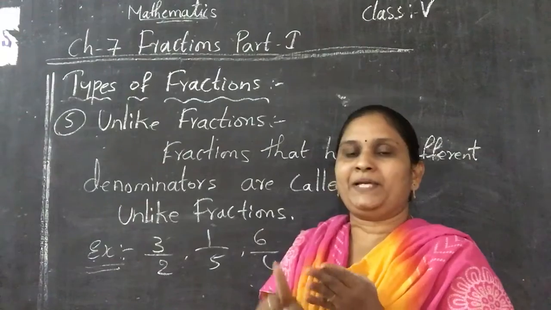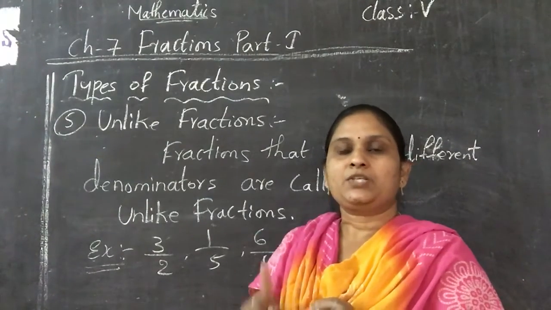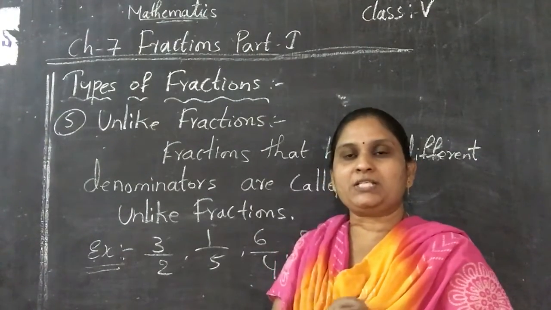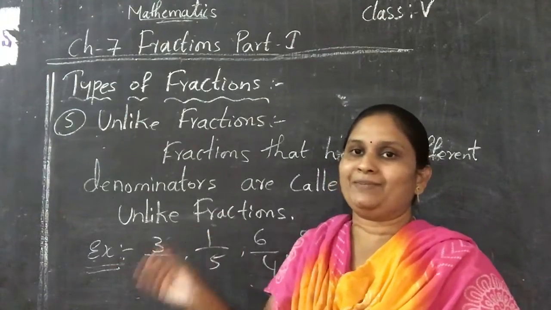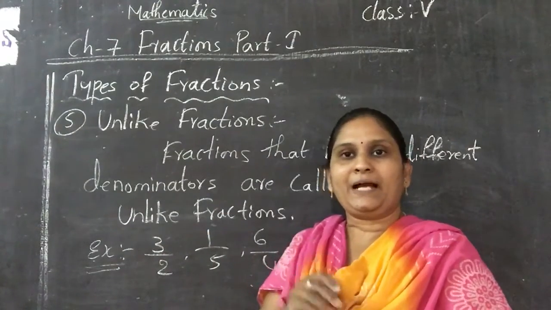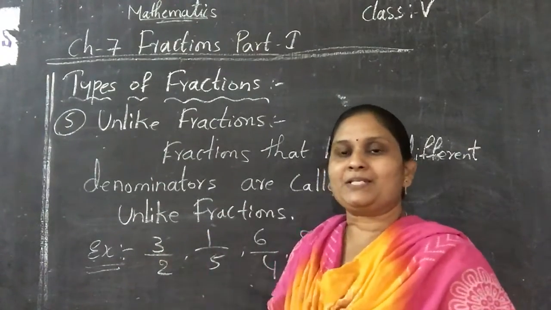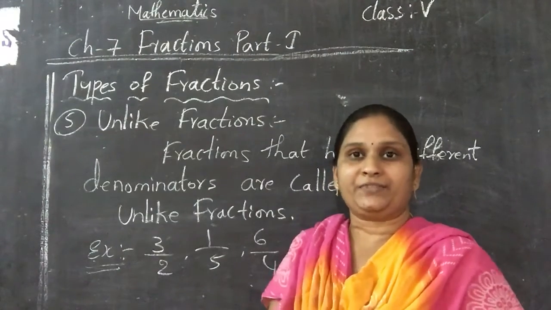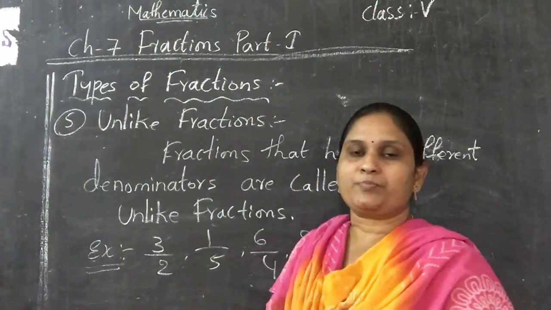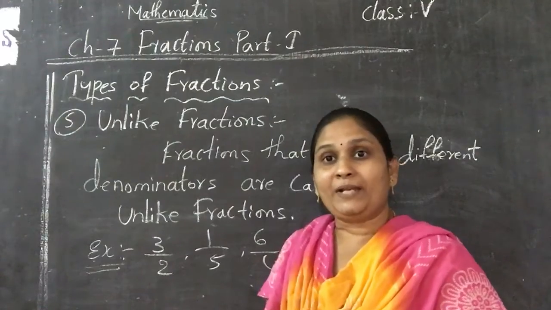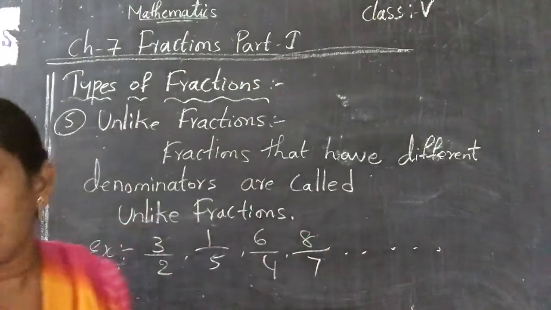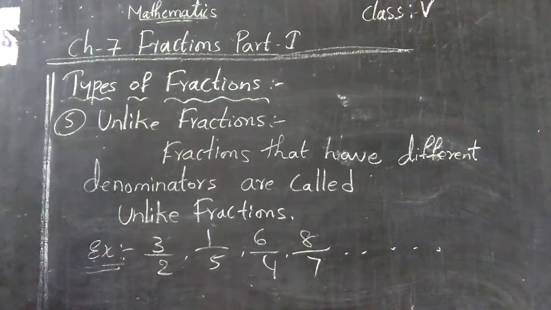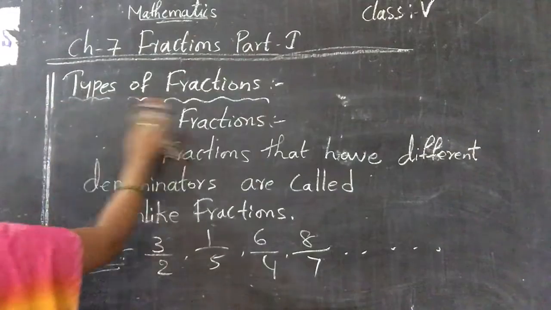The fourth type is like fractions, where all the denominators have the same value, and in unlike fractions the denominators are different. And the last, most important one, the sixth one, is the equivalent fraction.